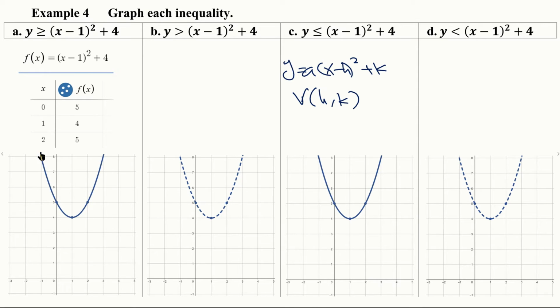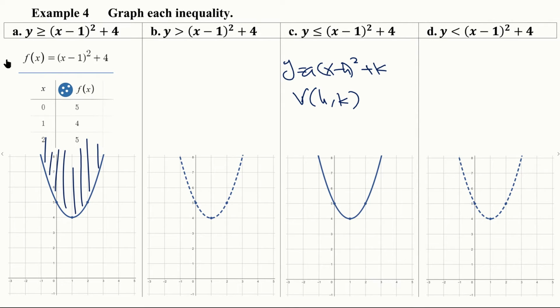So basically the parabola itself is going to be part of the solution set. That's because that's where the y values are exactly equal to x minus 1 squared plus 4. And we'll go ahead and take everything above. So we're going to shade above this parabola.